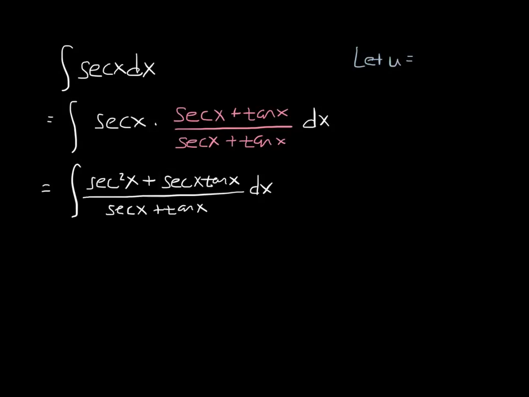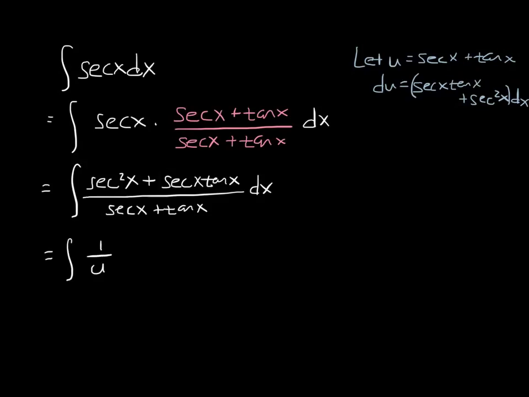And now, believe it or not, we can use a little u sub. If we let u equal the denominator, secant plus tangent, du, well, we know the derivative of secant is secant tan, and the derivative of tan is secant squared. So notice with our integral we'll have 1 over u. Here in our denominator this is u.